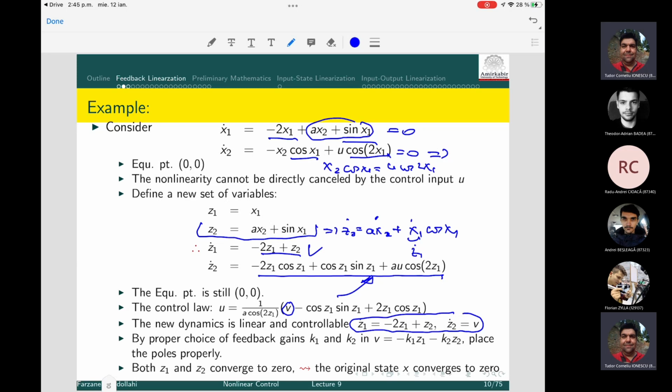By a proper choice of feedback gains K1 and K2, you can replace this by a state feedback, and you can place the poles of this system wherever you like. Both Z1 and Z2 converge to 0 because this is a stable system. Hence, also the original state is actually stable.